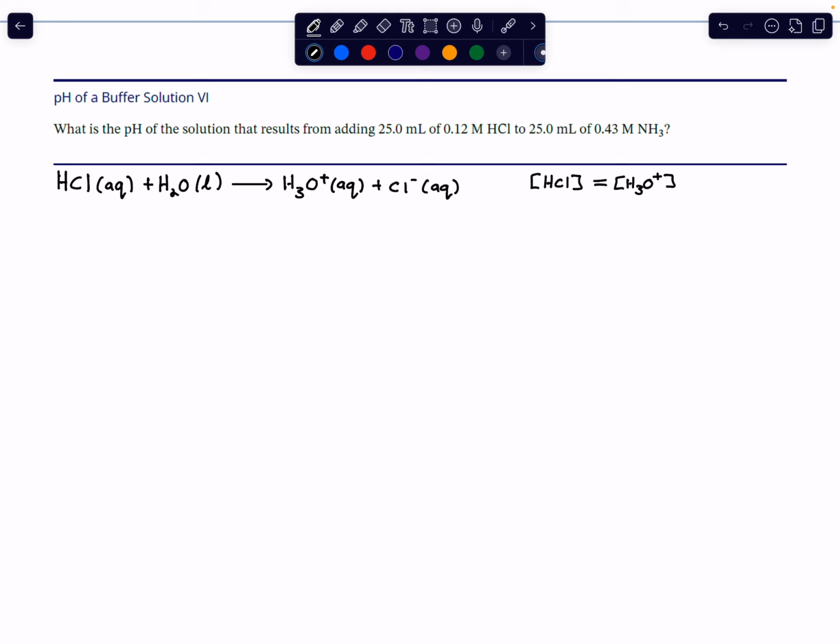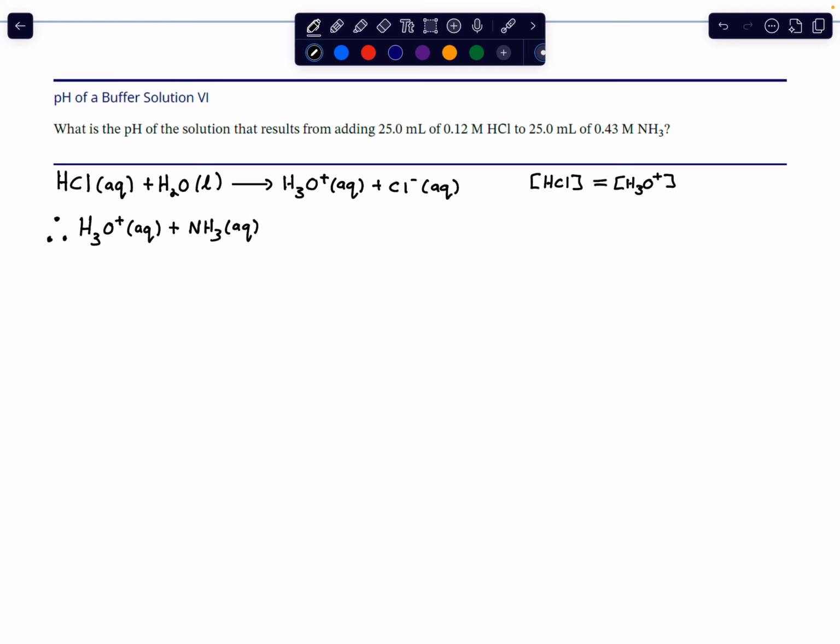All right, so when we're adding HCl to ammonia, the question is, what is the reaction that is taking place? Well, once we've added the two solutions, the reaction that takes place must be hydronium plus ammonia, right?